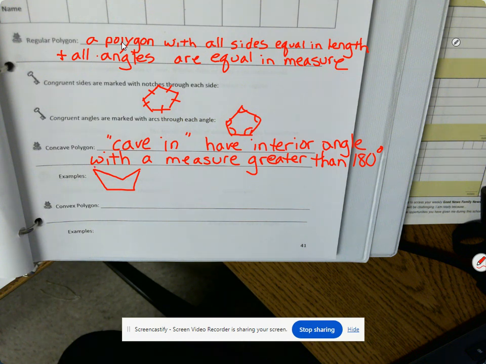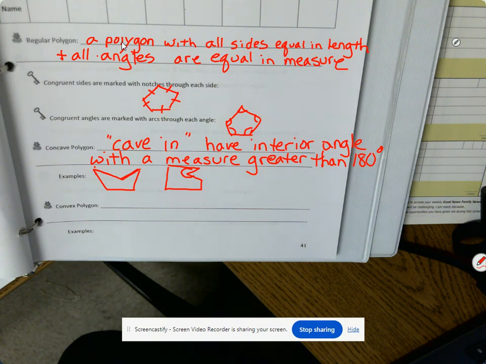That pentagon has caved in. It doesn't all point out. You've got to have a cave in. Any side, it doesn't have to be a big cave in, it could be a small cave in. On any side you have a cave in, that means that the interior angle inside is greater than 180 degrees.